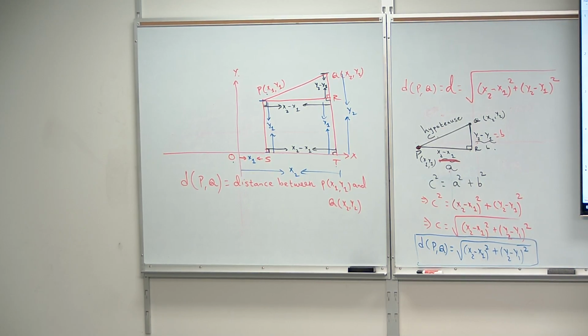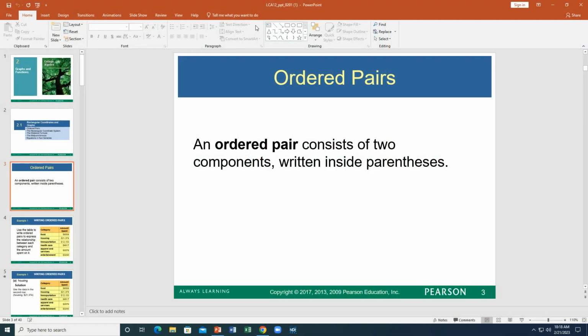Look here. So we talked about the ordered pairs like x1 comma y1, x2 comma y2, a comma b. So they are what? Ordered pairs, right? You see what I'm talking about, right? In real life, the pair means, you know that, a pair of shoes, a pair of eyes, a pair of ears, something like that, right?